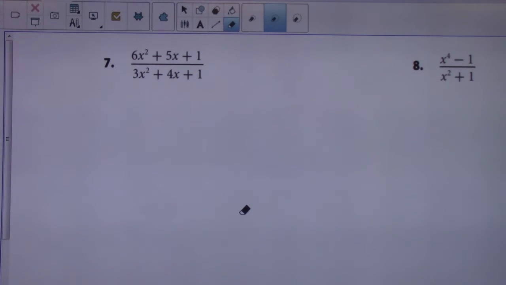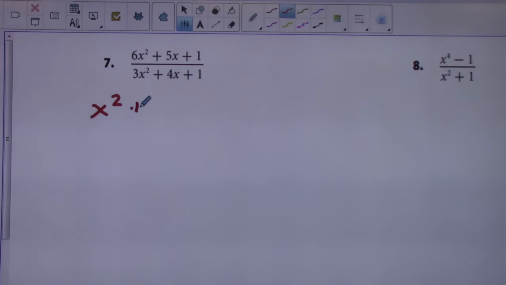In fact, how many excluded values do we have here? Do we have any excluded values? We do not. Okay, we explained this. We went through this in the first period today already. But if you set your denominator x squared plus 1 not equal to 0, and you solve for this, you have x squared is not equal to negative 1.